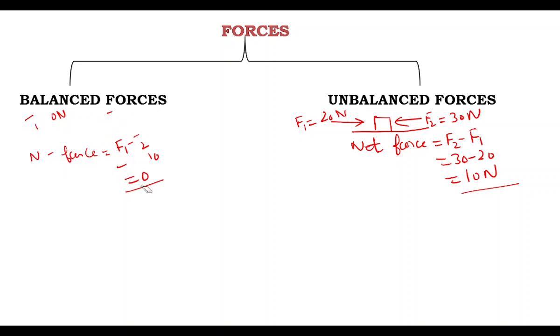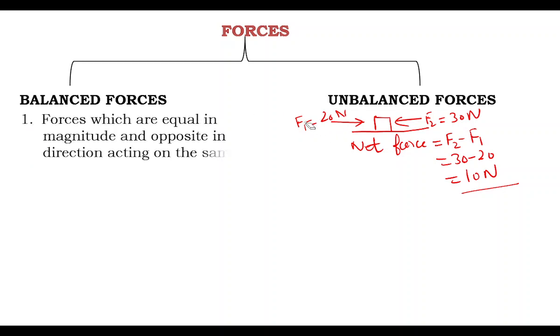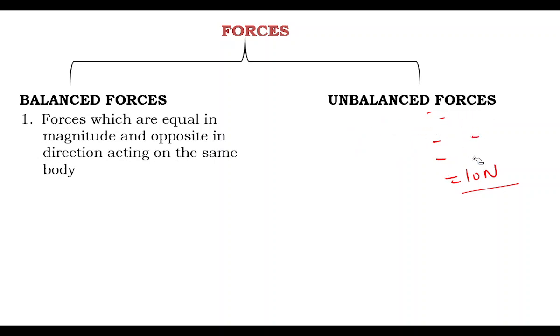Right? Now we will understand with the help of definitions what is balanced force and what is unbalanced force. So let's see the definition for balanced force. In that case, I have shown you with the help of a picture that the magnitude was the same, the forces were in opposite directions, right?